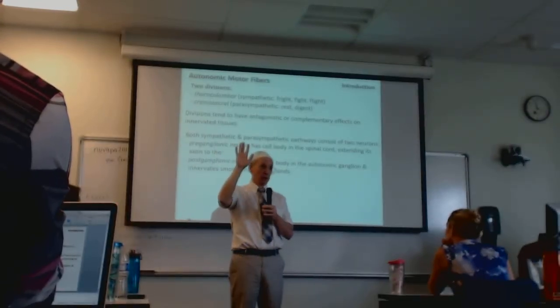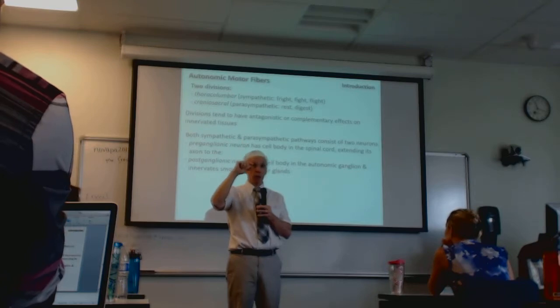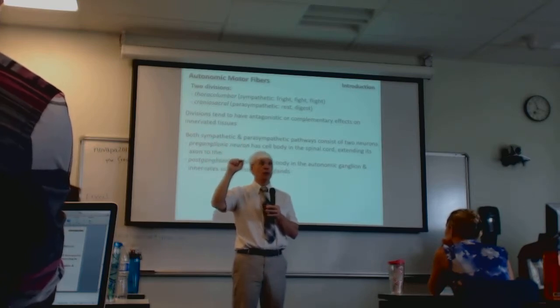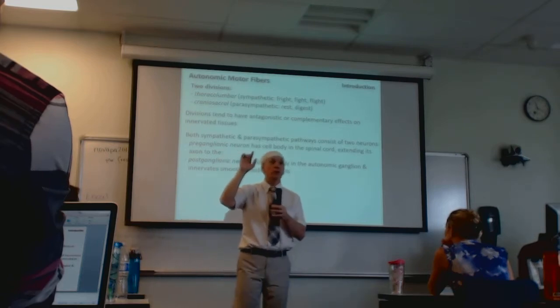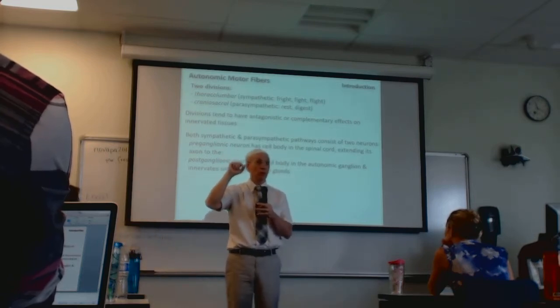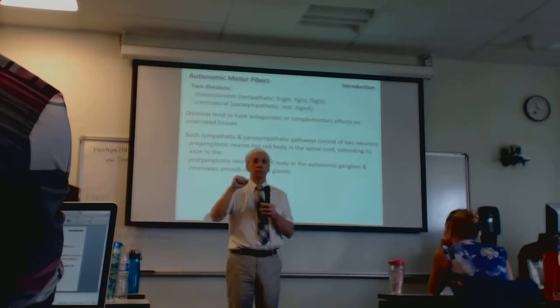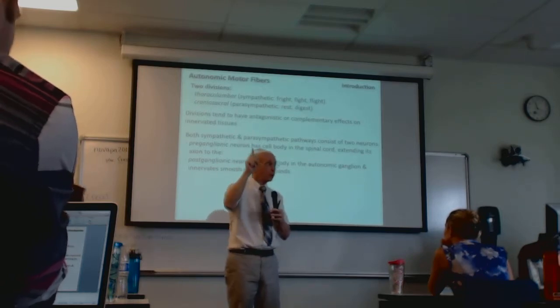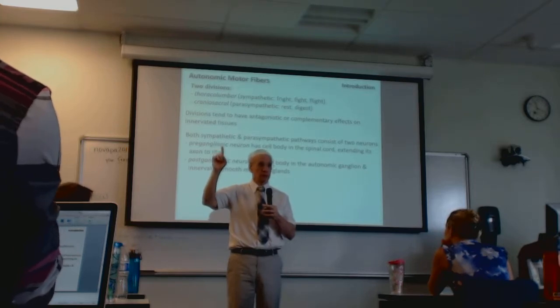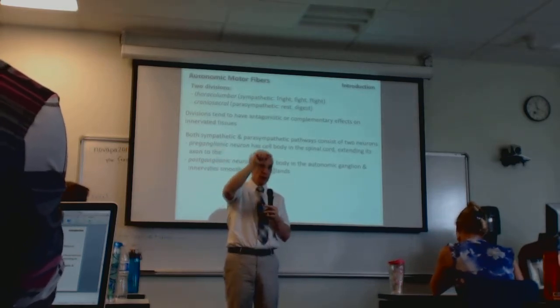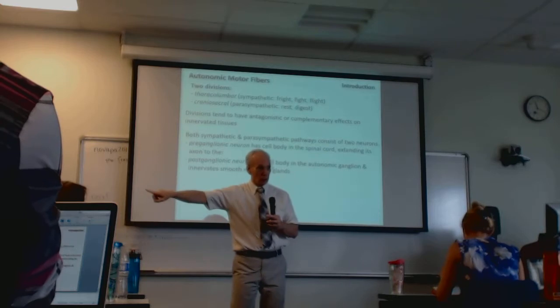How many neurons are necessary for that movement, between the cord and the lumbricals? One. So there's one neuron in the motor pathway from the cord to the muscle. Is that clear? The cell body in the ventral horn going all the way out to the muscle.